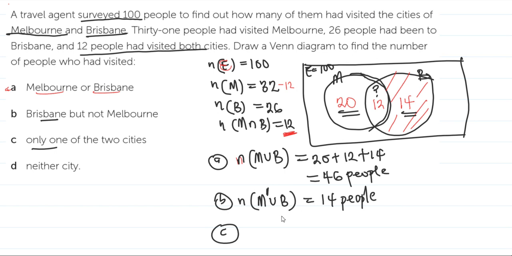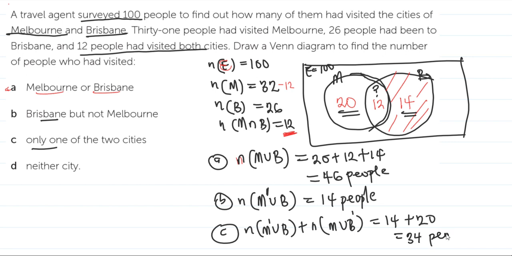So only one of the two cities will be Melbourne only or Brisbane only. This will be Brisbane only, which is 14, plus Melbourne only, which is 20. So that will give us 34 people.